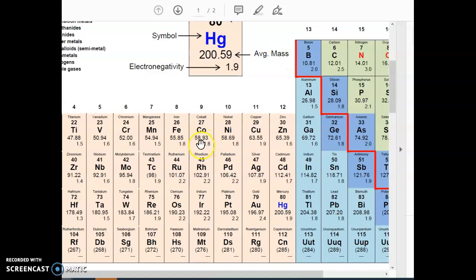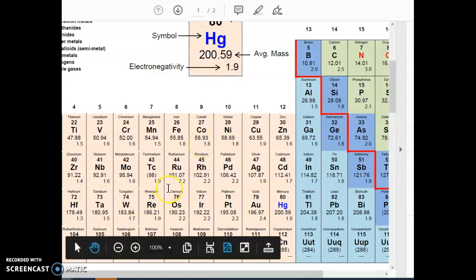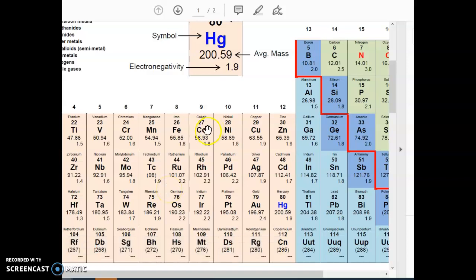So notice here, even it reminds you up here that it's an average mass. You're probably wondering, well, how do we know which one has the biggest percentage? It's actually the one, if you were to round this to a whole number, the whole number value from the average mass is the isotope that is most common for that particular element. So for example, for cobalt, it's 58.93, which is very close to 59.